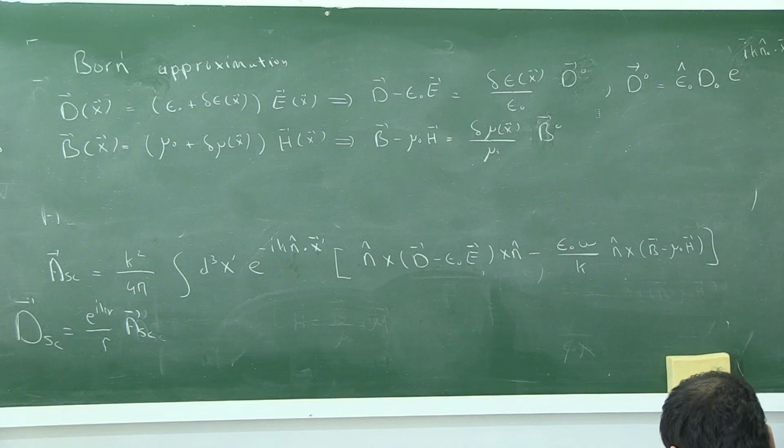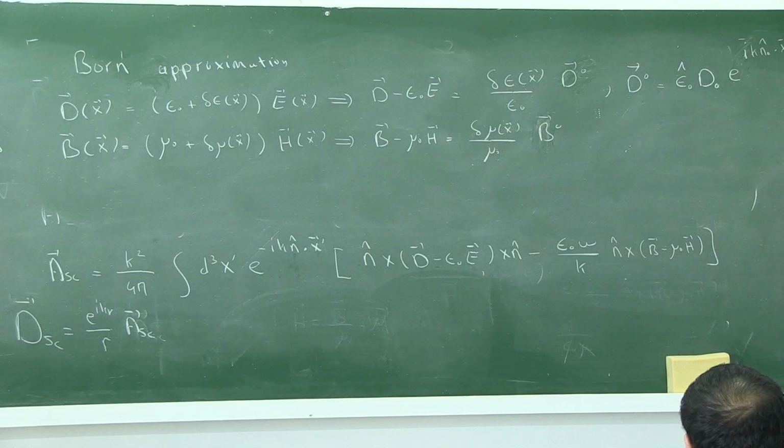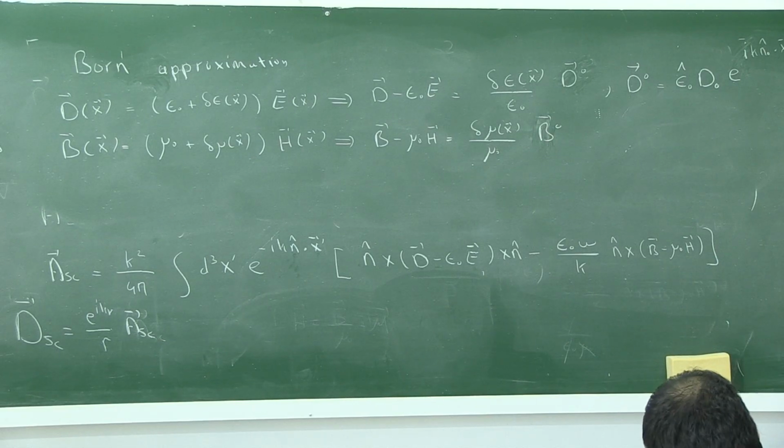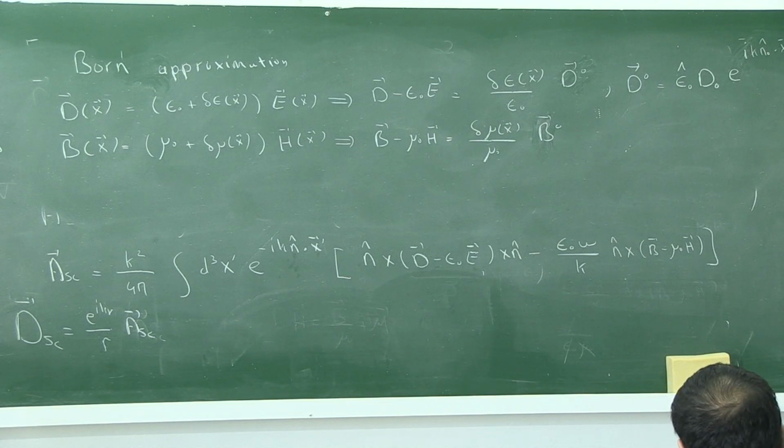So k0 hat and n0 hat are parallel to each other. They are the same unit vectors. So here this represents the source-free region, the incoming waves propagating, and there are some scatterers here, which have variations of delta epsilon and delta mu.